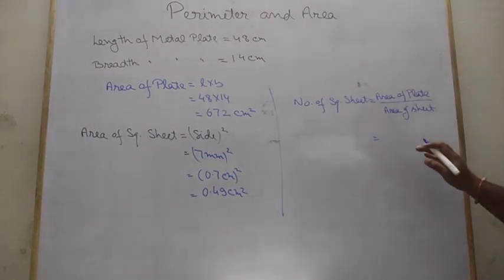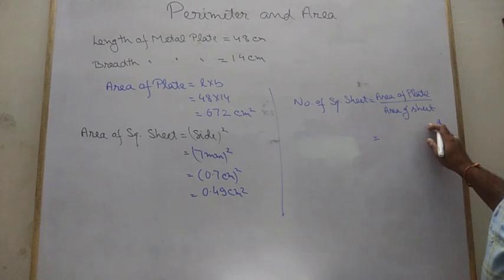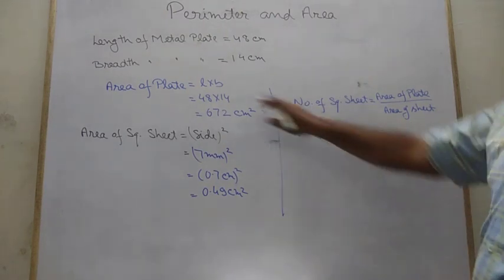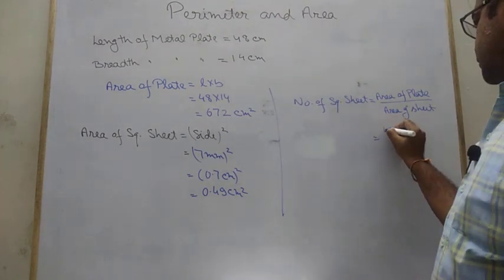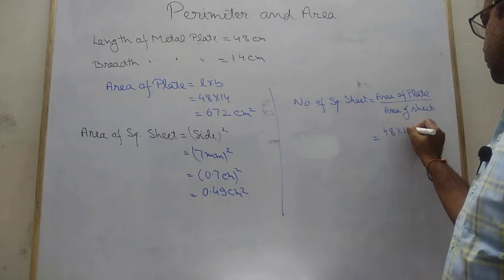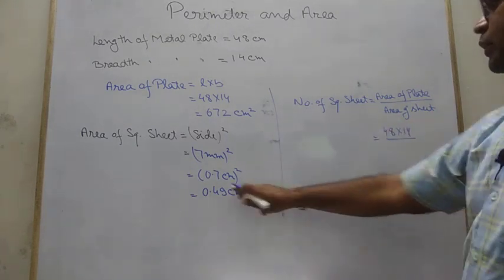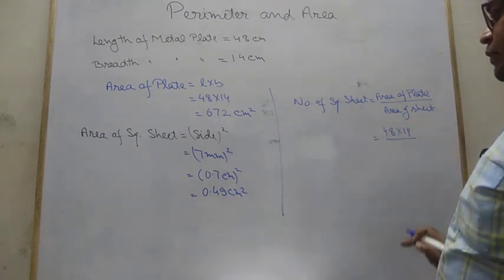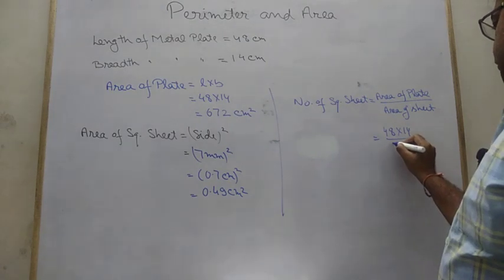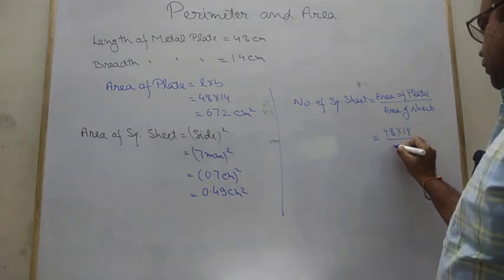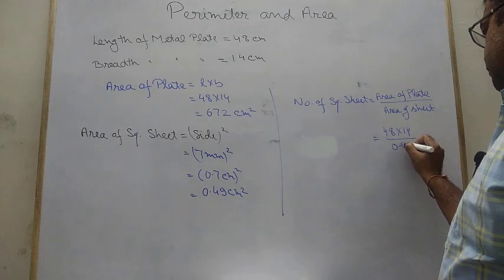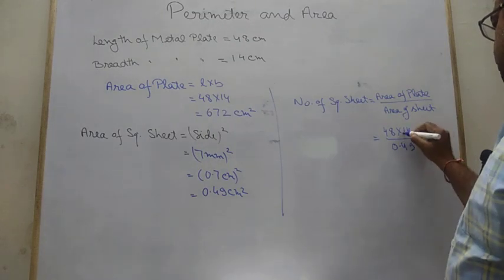So what is the area of the plate? 48 into 14 by 0.7 square, or 0.49 we can write down.